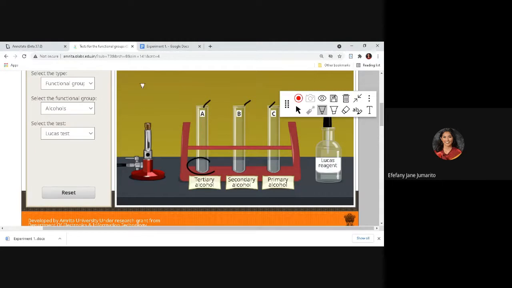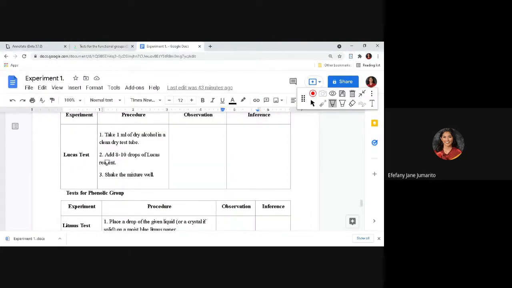Now, after that, we add. Please read, Michelle. Procedure 2: add 8 to 10 drops of Lucas reagent.